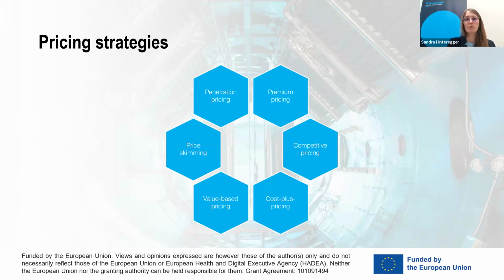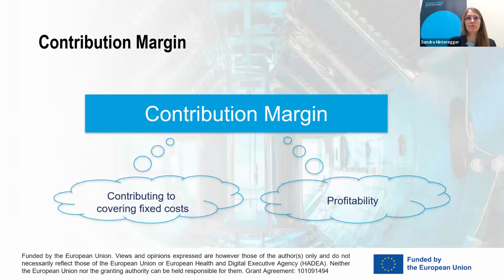The first one I want to look at with you is the contribution margin. What is a contribution margin? The contribution margin tells you how much your products contribute to covering your fixed costs. And once the contribution margin has fully covered the fixed costs, a company can turn profitable.